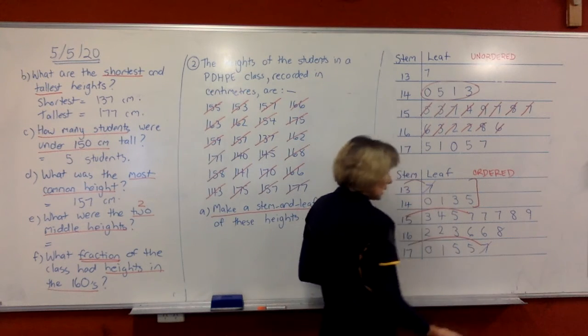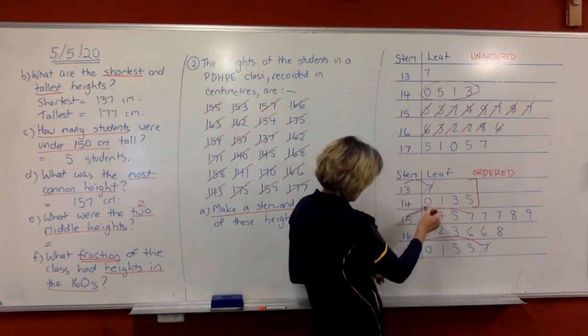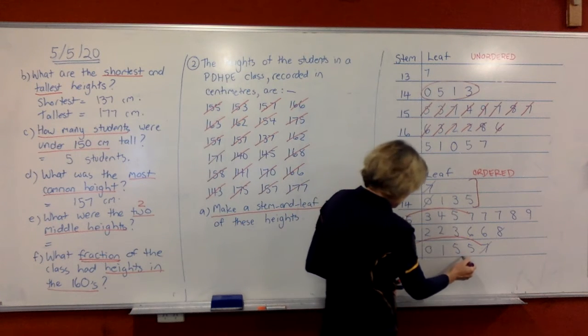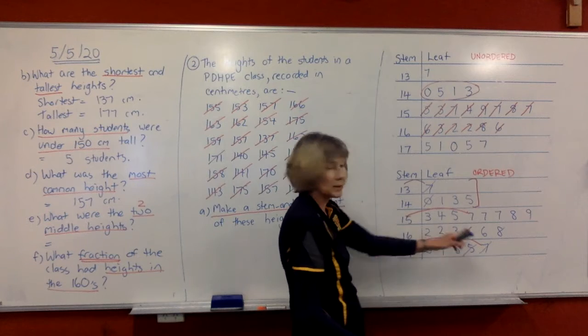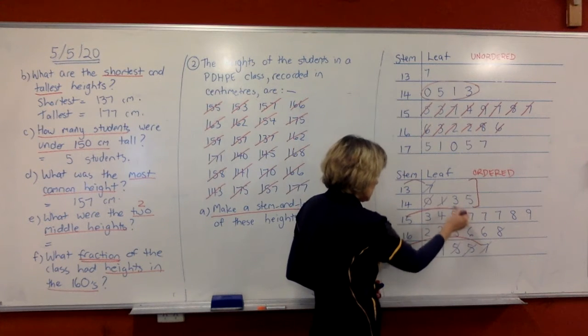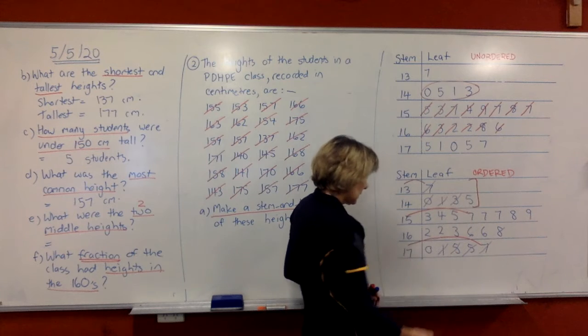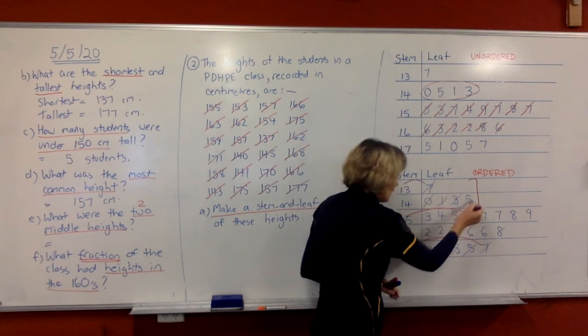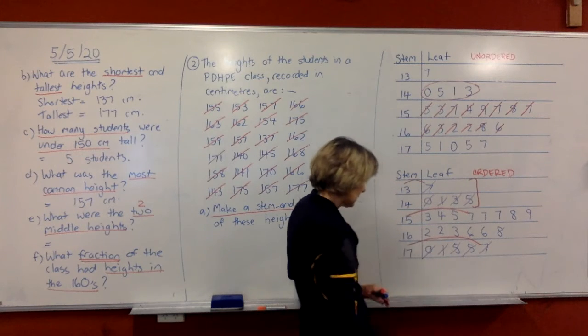Cross off the first and the last. The next smallest, which would be the 140, and the second last, which is the 175. The third one with the third last. Fourth one with the fourth last. Be careful when you get to the ends of the rows. The fifth one with the fifth last.